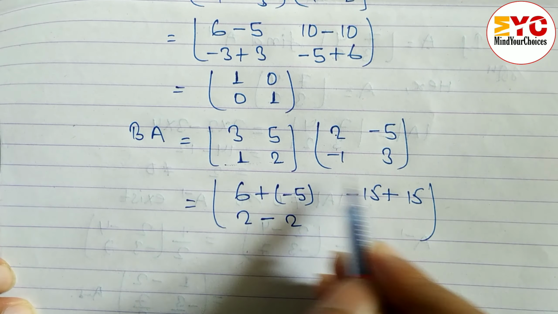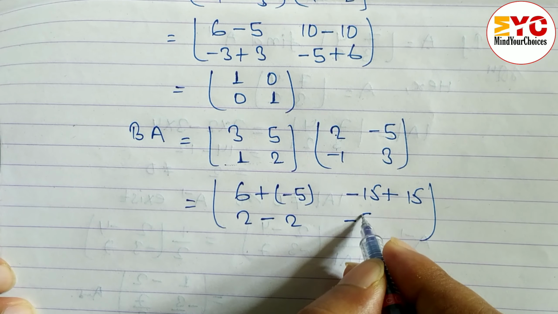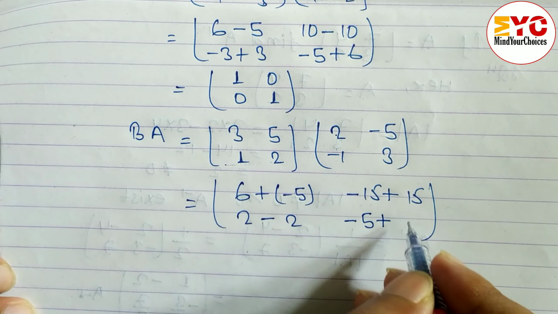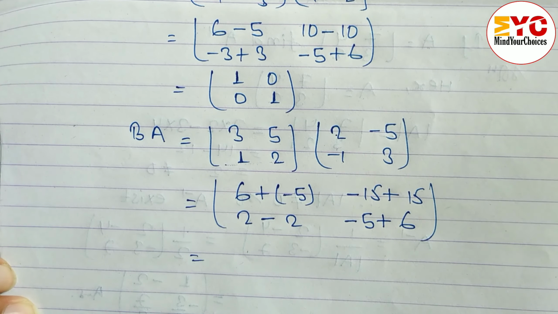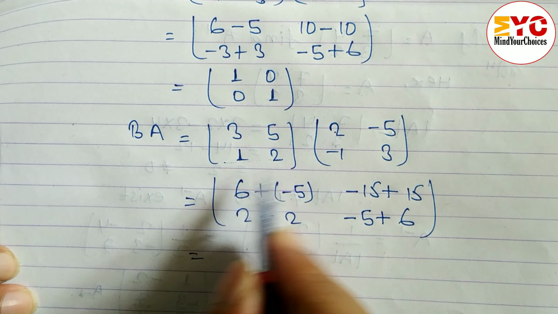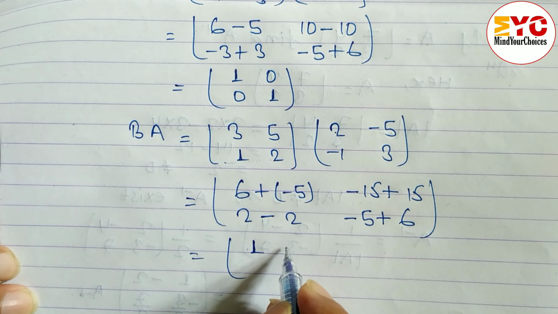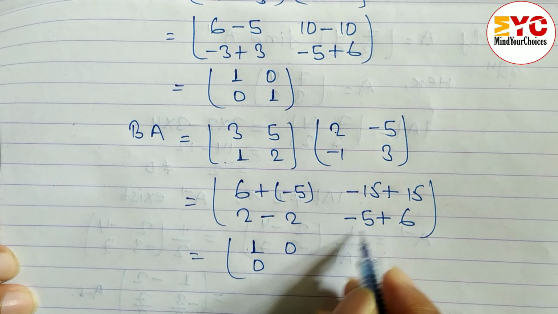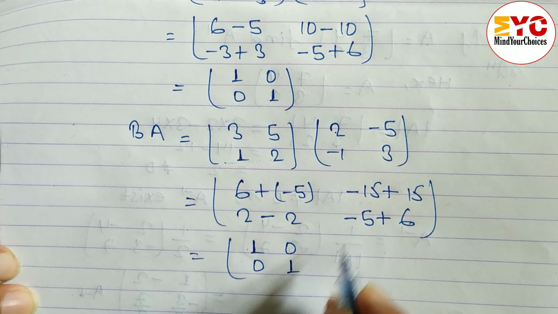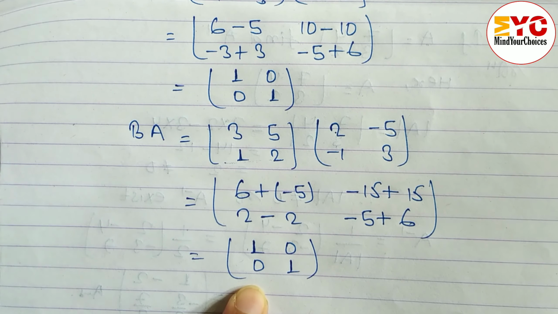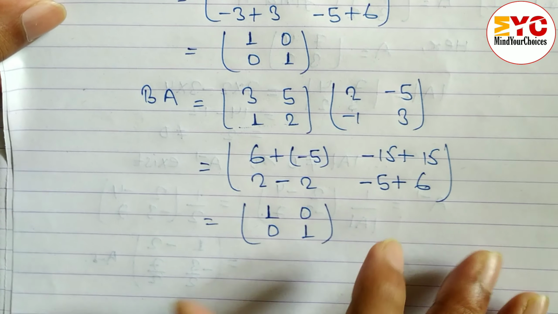Now second row second column: 1 into minus 5 is minus 5, plus 2 into 3 is 6. Now when you solve this, 6 minus 5 we get 1, here we get 0, 2 minus 2 is 0, and here 6 minus 5 is 1. Now you can see here again we get 1 0 0 1.